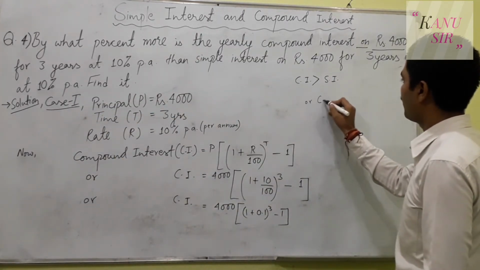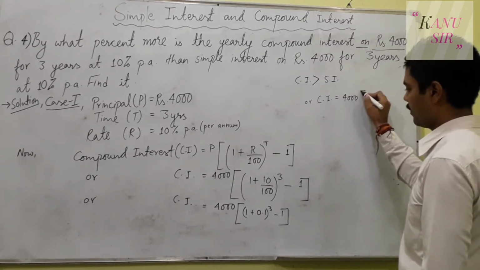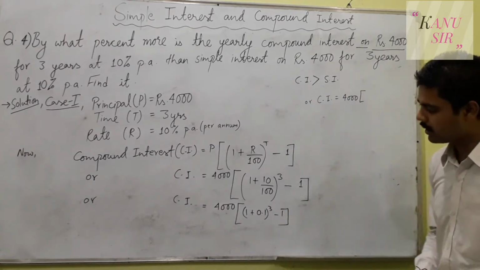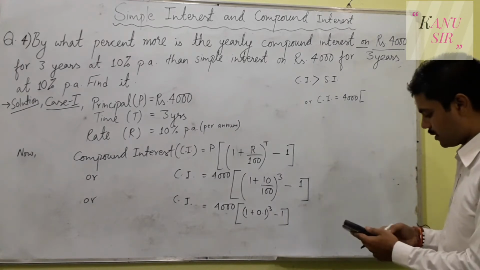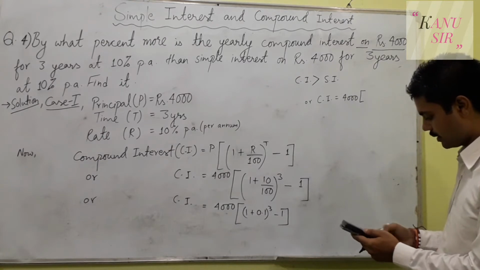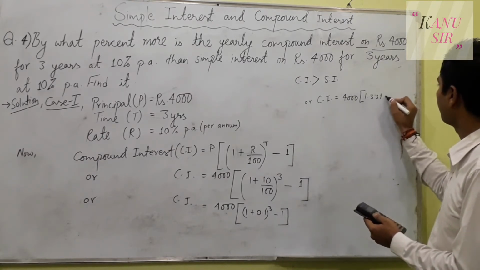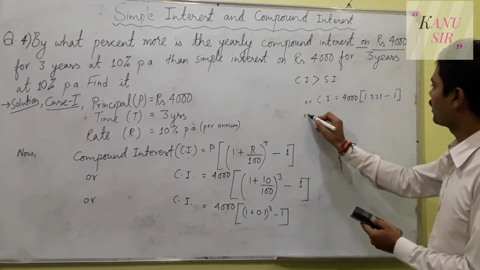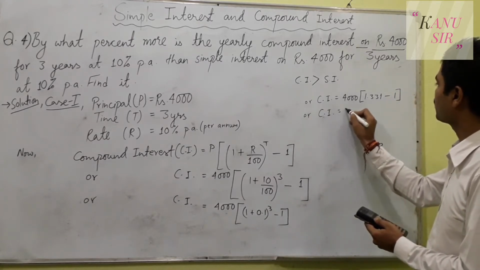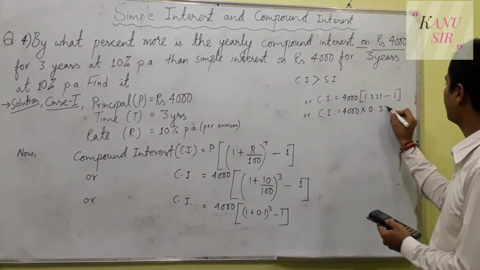Now we have to use the calculator here: 1.1 power 3 will get 1.331, minus 1. Or compound interest is equal to 4,000 into 0.331.